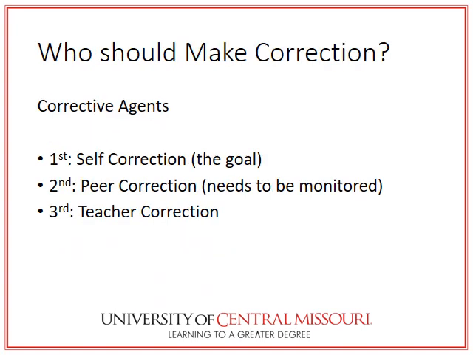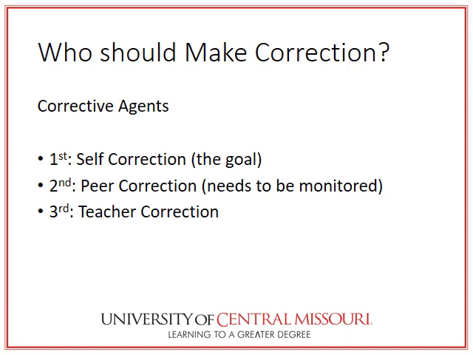Who should be making the correction? This is one of the questions that we talked about at the beginning. Ideally, the goal is for the student to self-correct. That's the primary corrective agent. Students tend to correct each other. This needs to be monitored because they may not always know the correct form if it's a student with weak academic English skills or another English language learner.